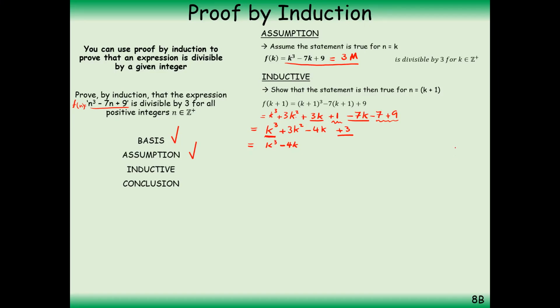In maths, there is always the trick that you can add and subtract anything you want, as long as you add and subtract it in the same line, that will keep the equation balanced. So what I'm going to do is add and subtract a negative 3k. So I'm going to write the negative 3k here. That would give me a negative 7k. And because I have a plus 3 there, I'm going to keep that plus 3 and add a 6 there.